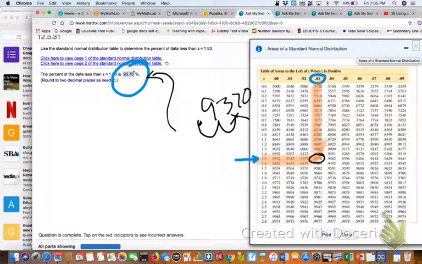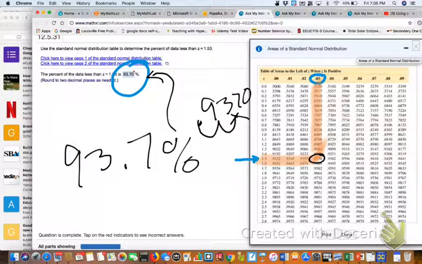So 0.9370 becomes 93.7%. That means the person who got that score did better than 93.7% of all the people who took it, which means they did pretty darn great.